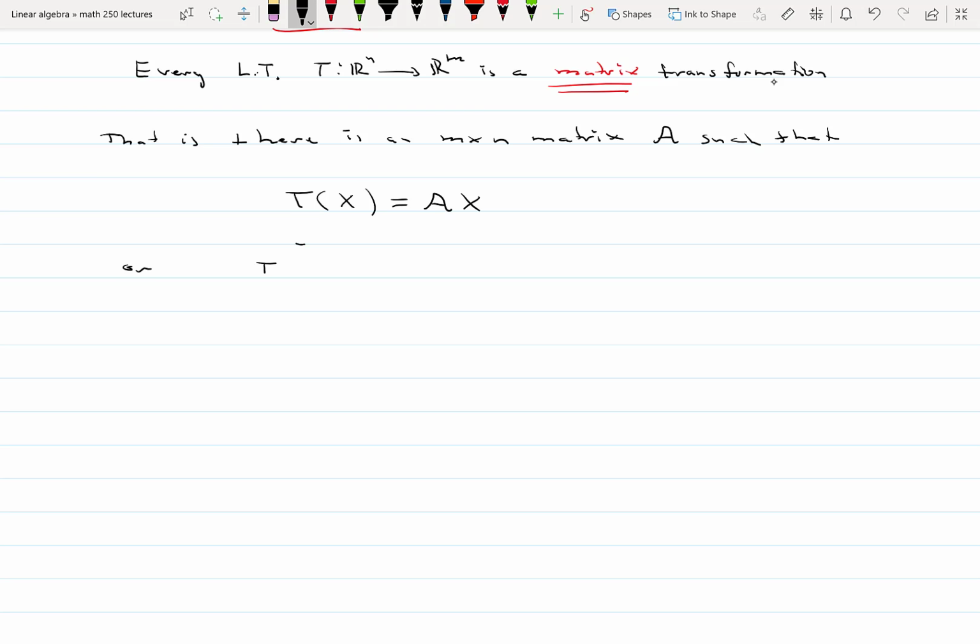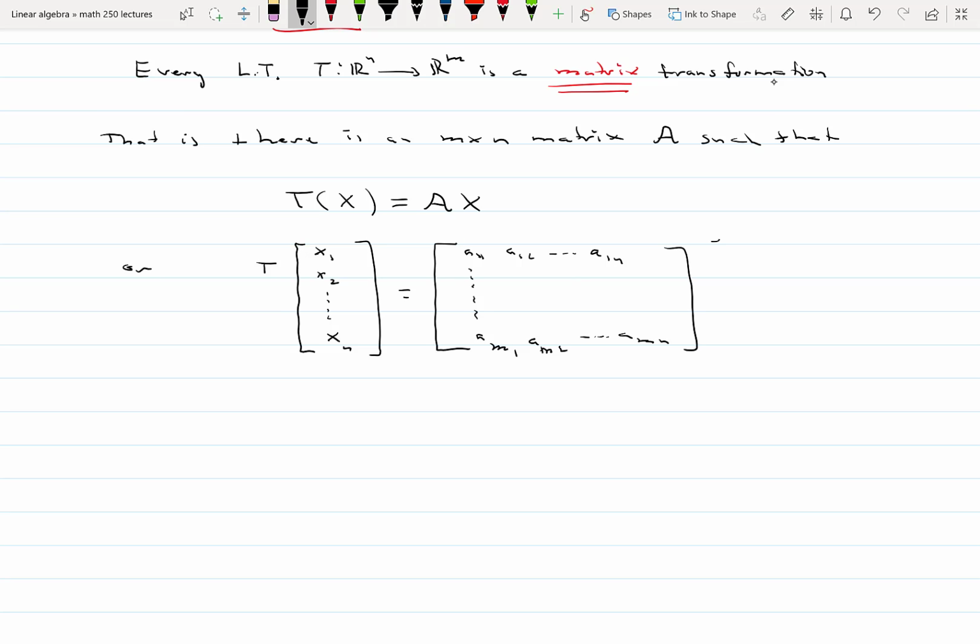Or T takes the column vector from Rn, x1, x2, all the way up to xn, and multiplies it by the matrix A, with entries A11, A12, all the way up to A1n, down to Am1, Am2, Amn, an m by n matrix, times the column vector x1 all the way up to xn.